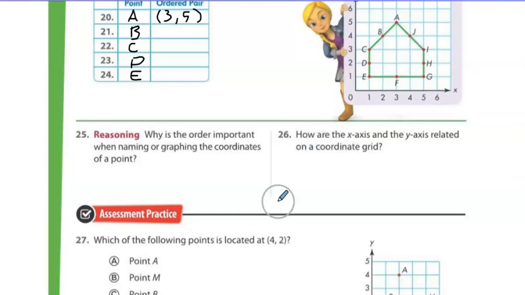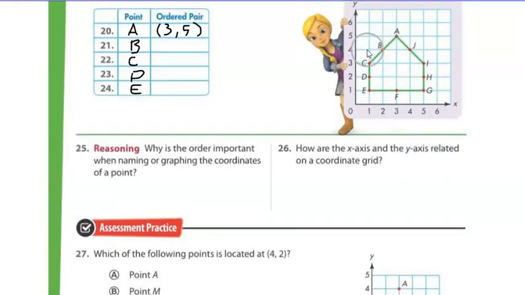On number 26, it says, how are the x-axis and the y-axis related on the coordinate grid? So when you're thinking about the x and y axis, they're actually perpendicular to each other. And perpendicular means that they meet at a 90-degree angle. So see right here how this makes a little square? They meet at that 90-degree angle.